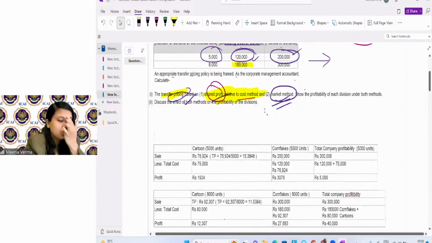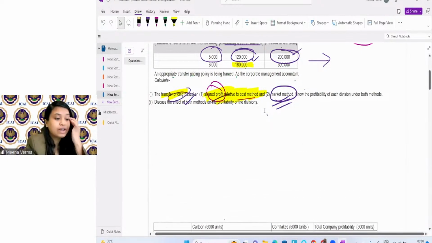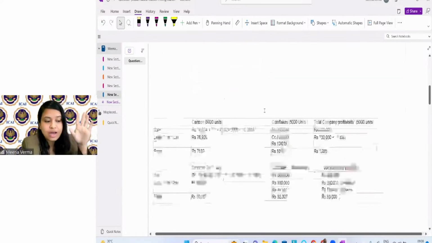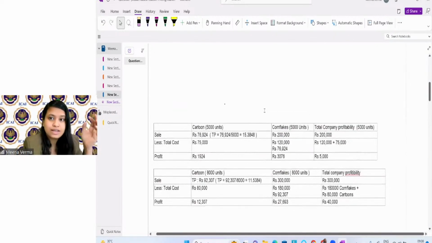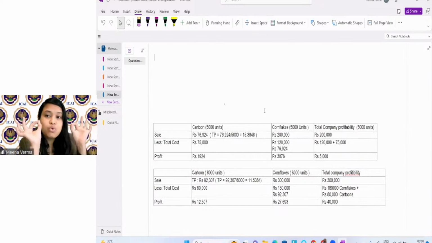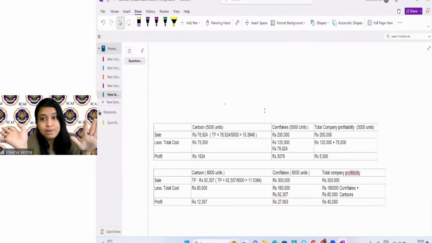With the transfer price, you can find the respective profitability of each division, and the profitability of the entire organization. Keep it in mind, I'll show you later that no matter what transfer price you set, whether it is cost method, marginal cost method, negotiation method or profit method, the total profitability will not get impacted.